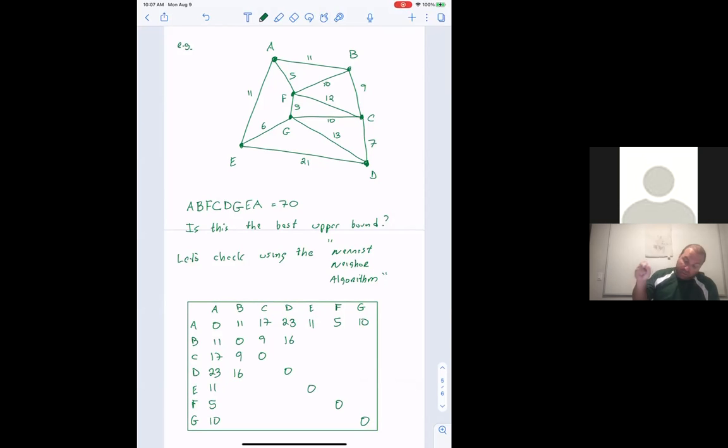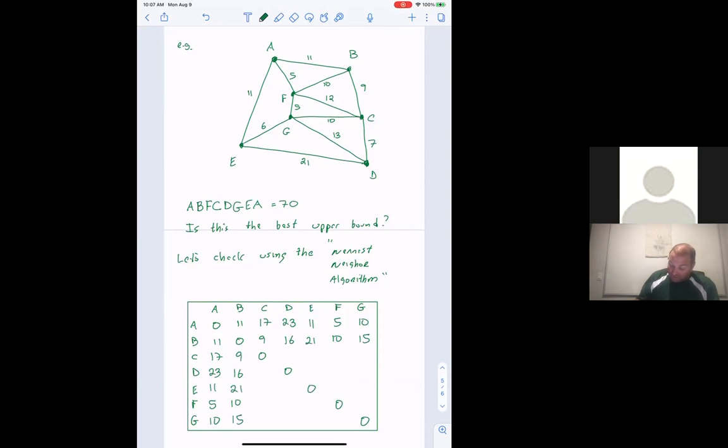Well, let's see. If I go through A, it's 22. If I go that way, it's 10, 5, and 6 is 21. I'm pretty sure 21 is the best. And then BF, direct route 10. And then BG is going to be 15.